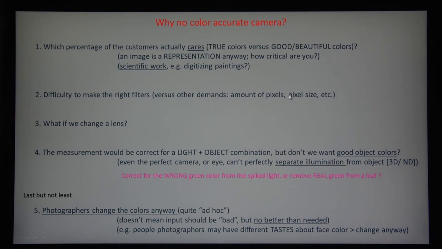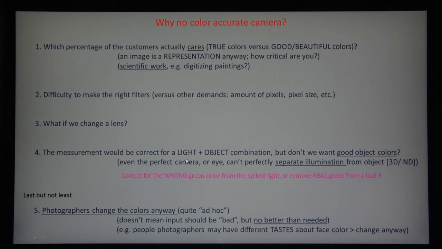And we saw, if you just take shapes that you can make, and then optimize on the pixel sensitivity itself and the amount of pixels in a chip and the size of the chip and so on, then you still get decent colors. Besides, if you optimize the sensor, then what if you change the lens? It starts behaving differently. Do you want to do something special with all the different lenses too? It becomes complex again.